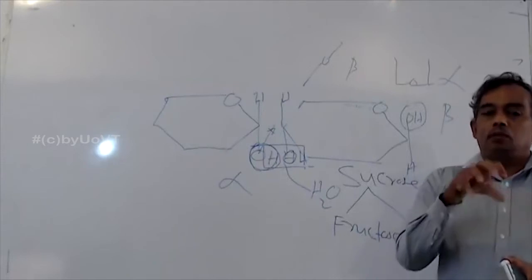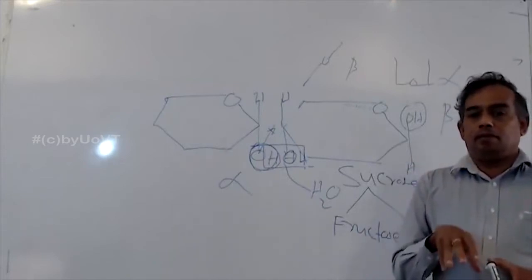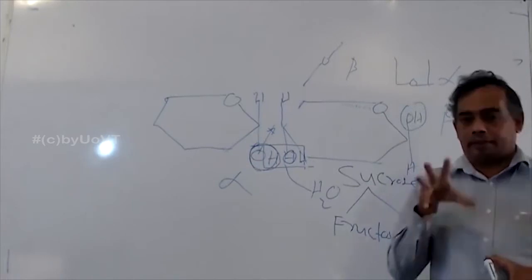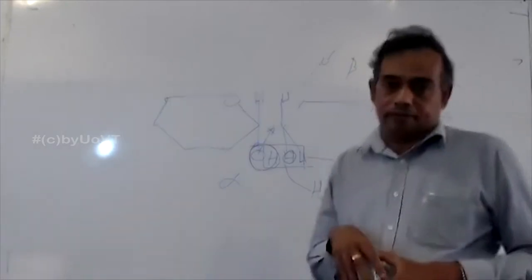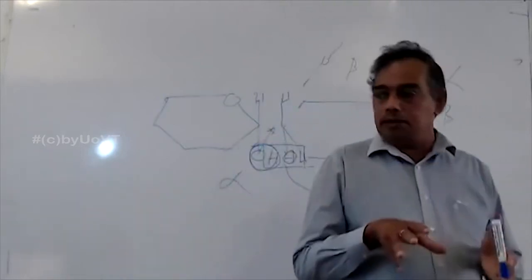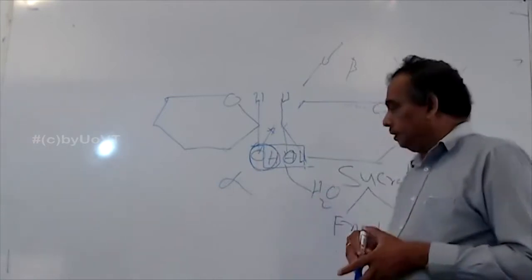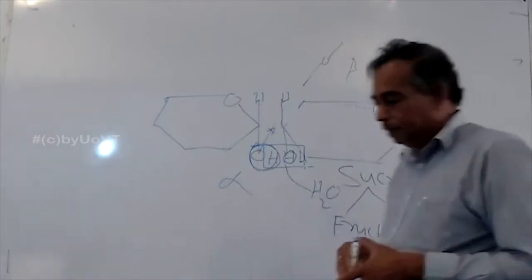So when glucose joins with fructose, which carbons interact? That is a very important thing. When glucose joins with fructose, which carbon atoms in both molecules are going to interact?